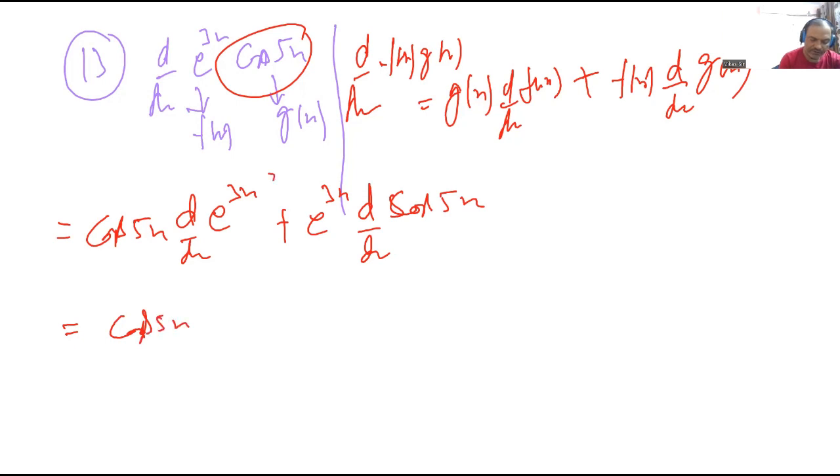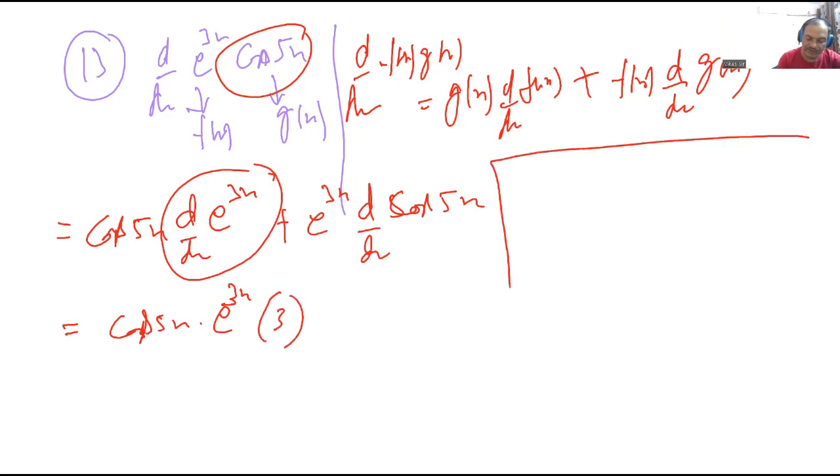And if you differentiate e power 3x, the parent function is e^x. Therefore, it will give you e raised to power x form, this is e raised to power 3x. But now this is not x, this is 3x. You have to differentiate the 3x also. It will give you 3. I'm doing it here, just see it. You are having d by dx of e raised to power 3x. The parent function is e^x, and if you differentiate e power x, you will have e raised to power x.